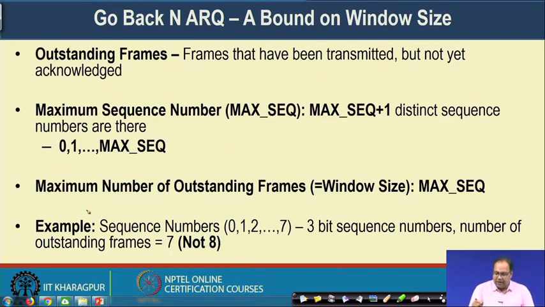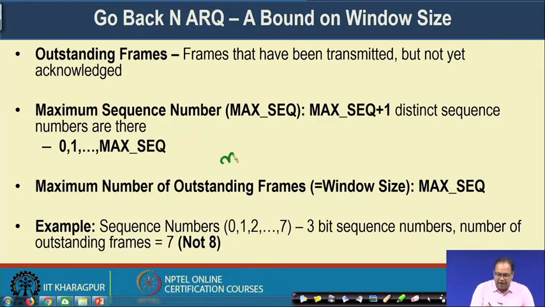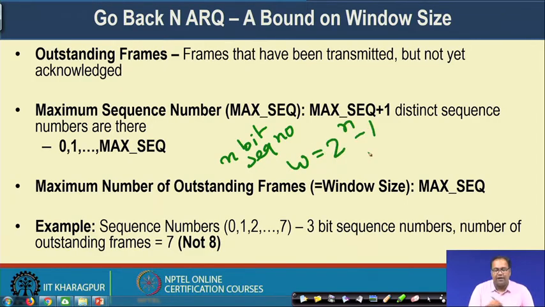That means your window size is equal to max sequence. In go back N ARQ, we try to ensure that your window size is equal to max sequence. That means, if you are using an n bit sequence number, then your window size W will be equal to 2 to the power n minus 1.